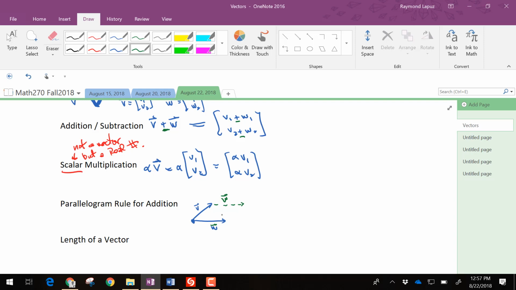So we can do translation, like in this case, I just took W and moved it up next to V, or I could take V and move it next to W. But geometrically, the sum of two vectors is a diagonal of the parallelogram spanned by those two vectors.